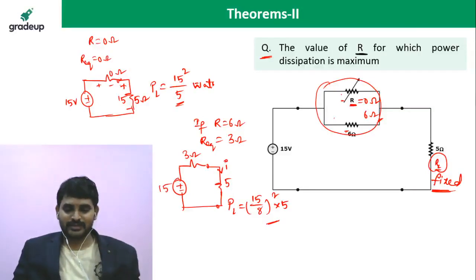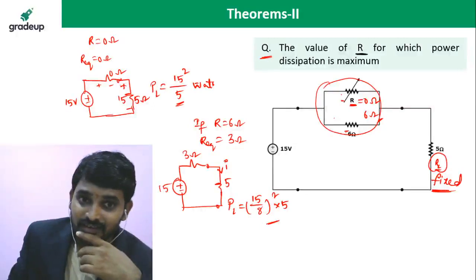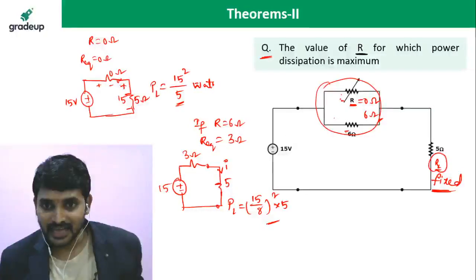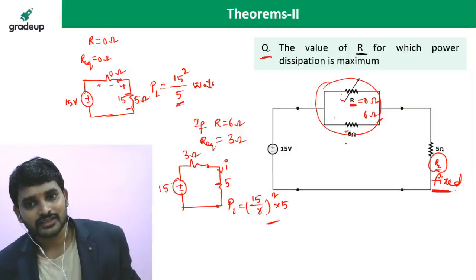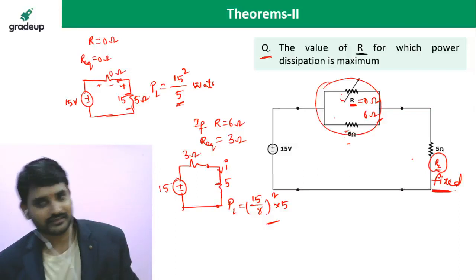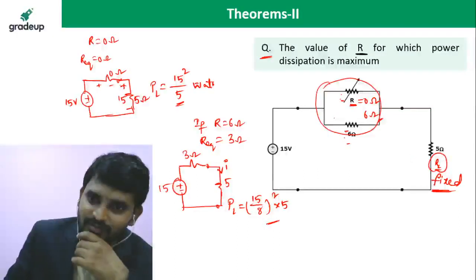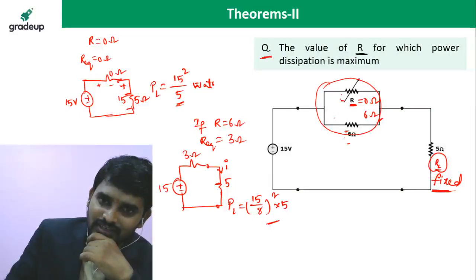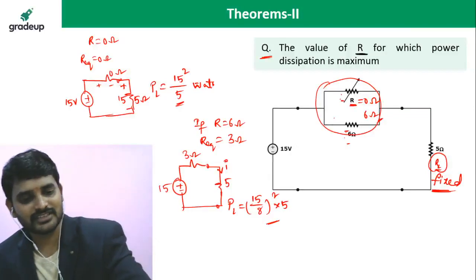And be careful, this R and this 6 ohms should lead to a least value. Okay, conditions apply. Choose the minimum value in the given options. Obviously, they'll give you options, and according to that you can select. Okay, minimum value is the best option.